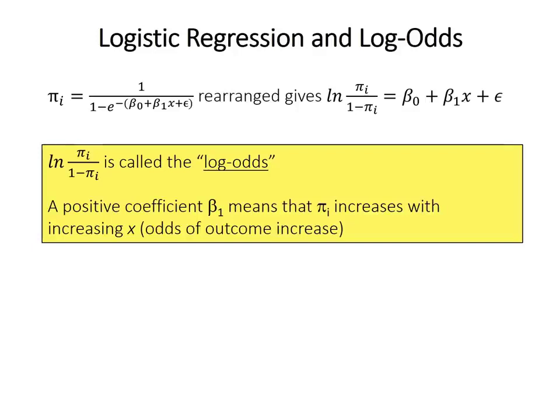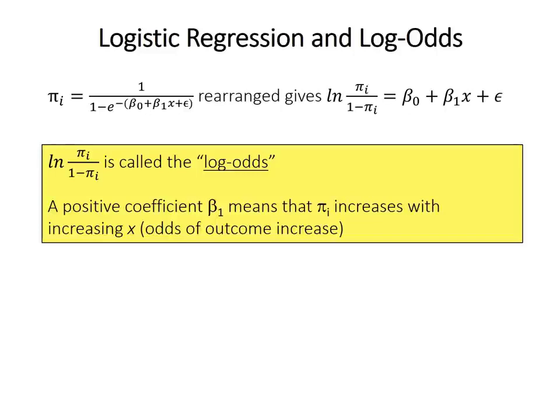So this equation here is the equation for logistic regression with the pi i, but it's more common or more typical to see the equation in this rearranged form, expressed as the log of pi sub i divided by 1 minus pi sub i. And so that is called the log odds. This log of pi i over 1 minus pi i is the log odds. We'll discuss odds in a bit more detail in the next slide, but briefly, the odds are the probability of an event occurring, pi i, divided by the probability of the event not occurring, which is 1 minus pi i.